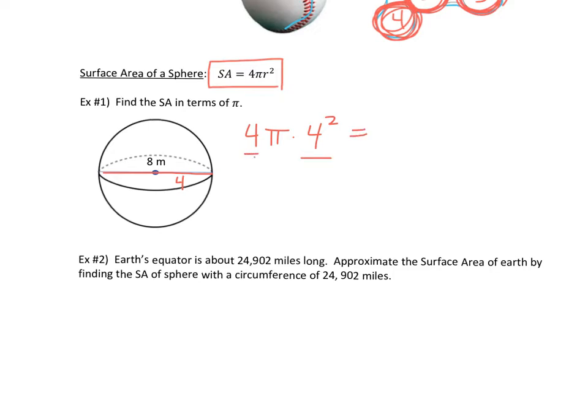Okay, don't plug in the pi. 4 times 16, and you get 64. And then you can attach the pi, and then it's area, so square meters. Okay, so that would be our surface area of this sphere.